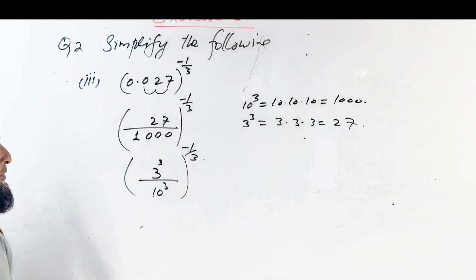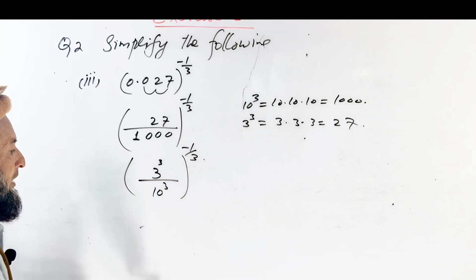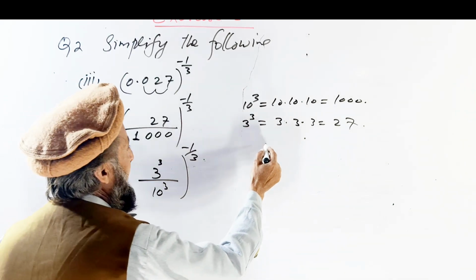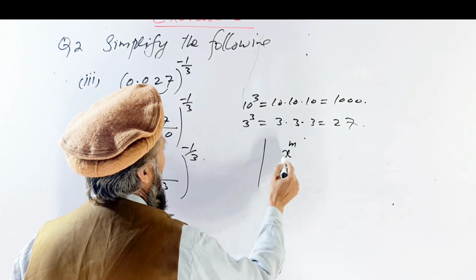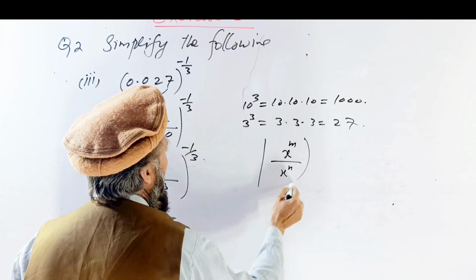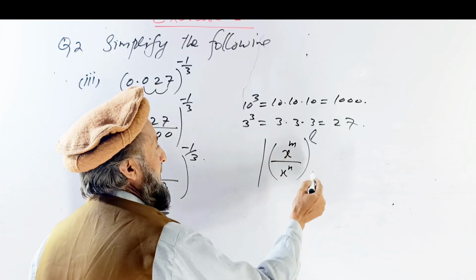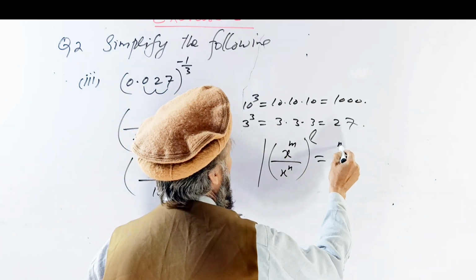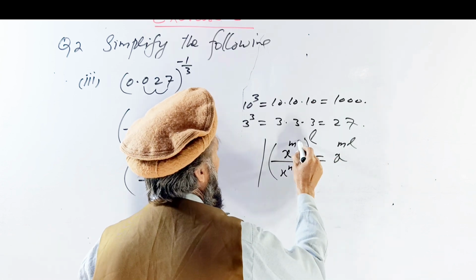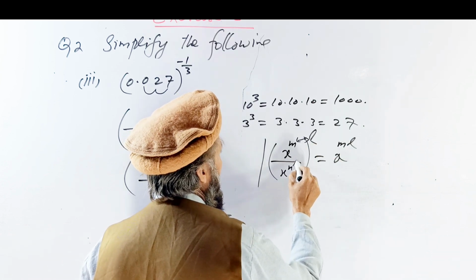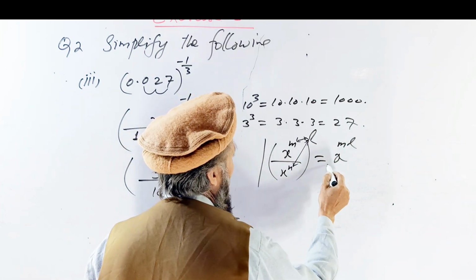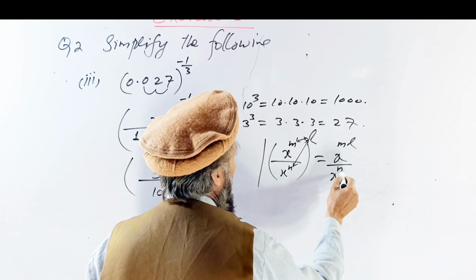Now double exponents are available. According to the double exponent property we have already discussed, (x power m) power n, the powers m and n are multiplied to each other.